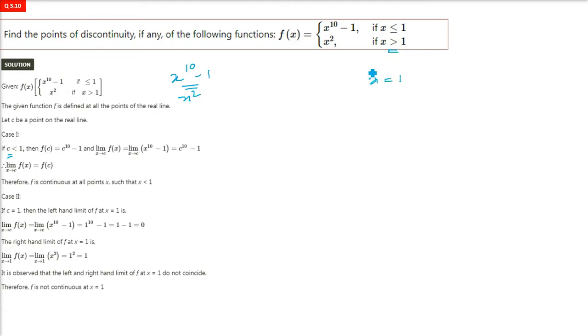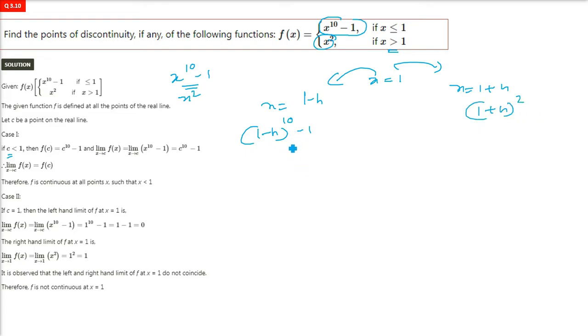On the left hand limit, we'll use x raised to 10 minus 1. On the right, we are going to use x square. So we'll check at 1, so 1 minus h on the left hand side, 1 plus h on the right hand side. So we'll put (1 minus h) to the power 10 minus 1. Here we'll place 1, this is x square, so (1 plus h) whole square.